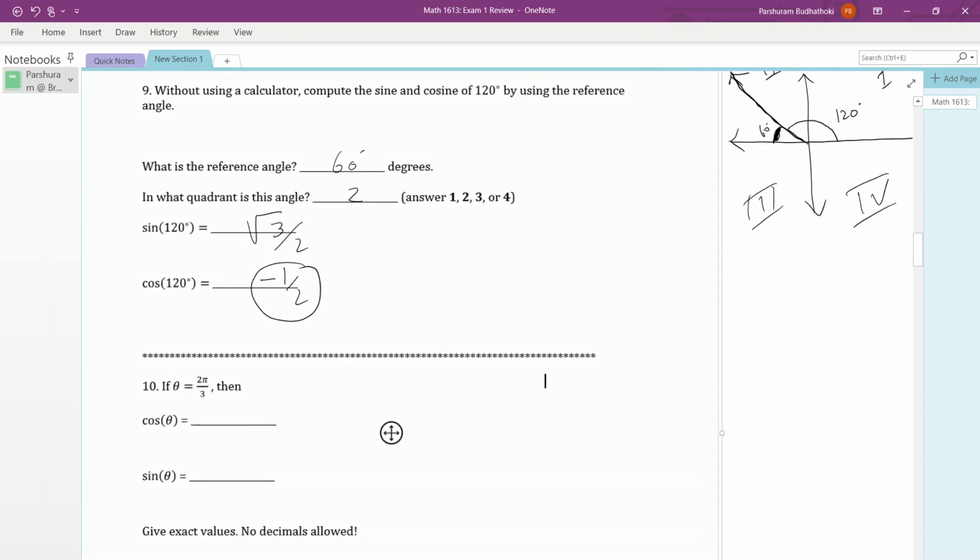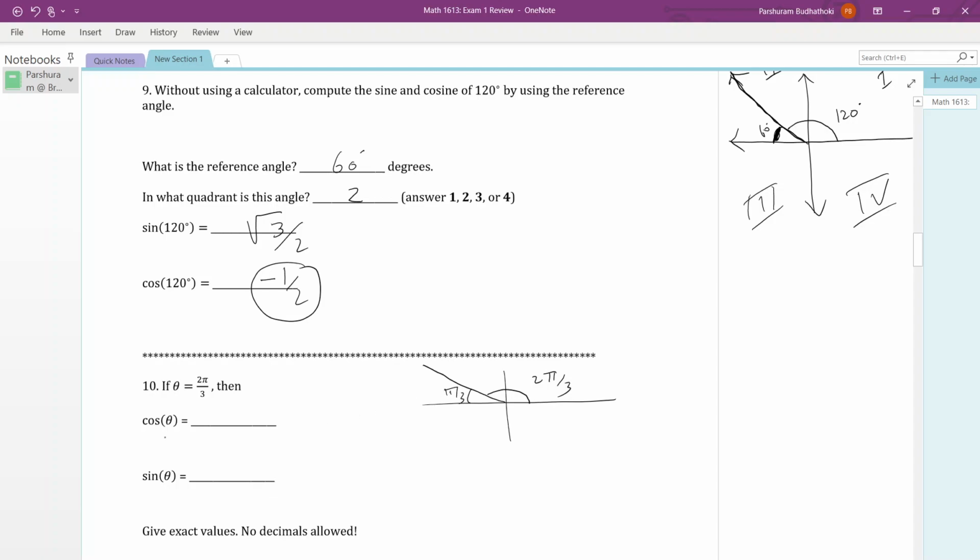So let's go to the next problem. By using the very same fact, 2 pi over 3 is, again, 120 degrees. If you try to see it in degrees, we can use the same fact and find the value of cosine and sine of 2 pi over 3. So by using the reference angle one more time, the reference angle for 2 pi over 3 is pi over 3.